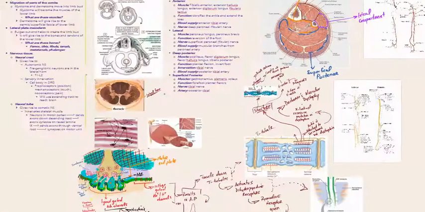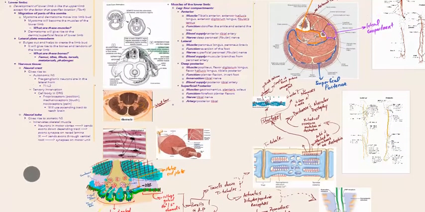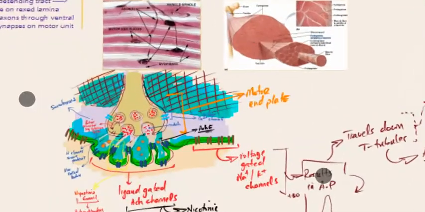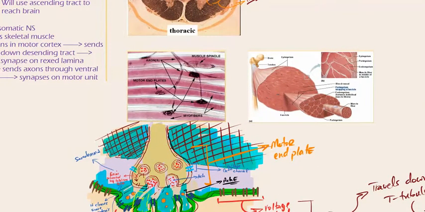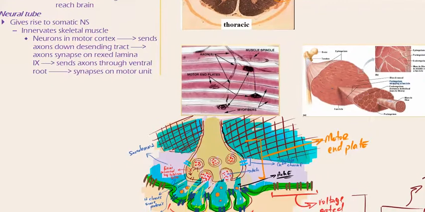Okay, then from there, we're gonna go more onto the molecular level of considering the muscle unit. We'll consider the innervation from the cortex through the spinal cord, then to the muscle, what is this called, the motor unit, right?